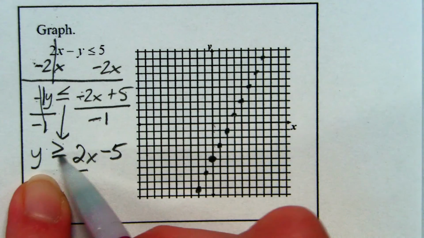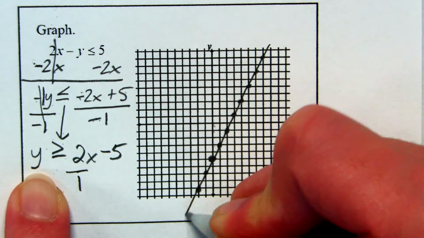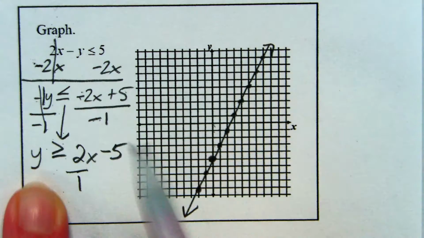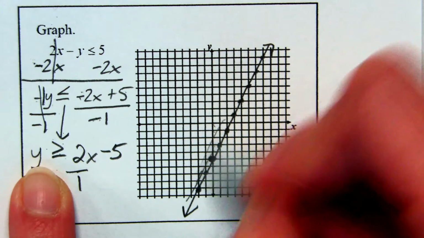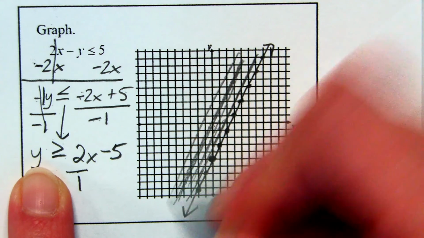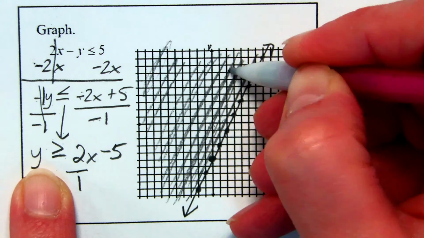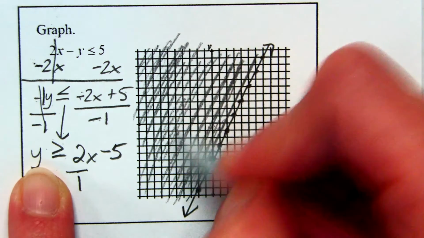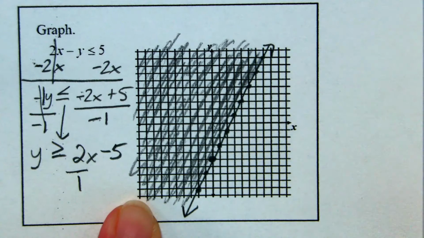And then it has an equal to bar, so we'll go ahead and use a solid line. And since that sign turned around and became greater than, we finally get to do one where we shade up. I think we've only done one of those so far. So this is the upside. If I put my pencil on the line, go straight up, that's the side that I'm going to shade. So all of these points would make the inequality true.